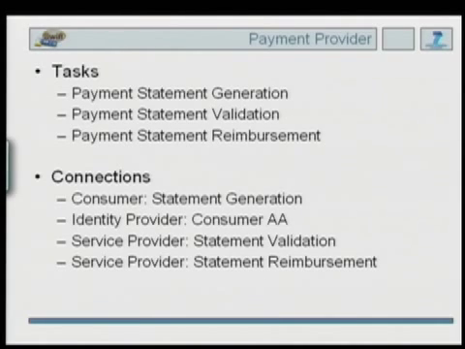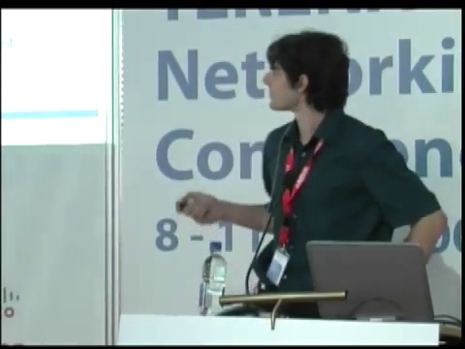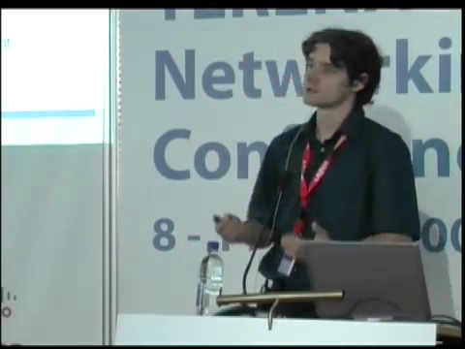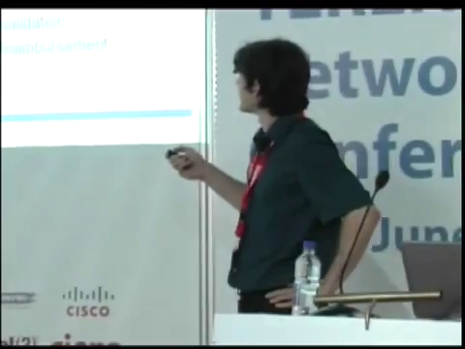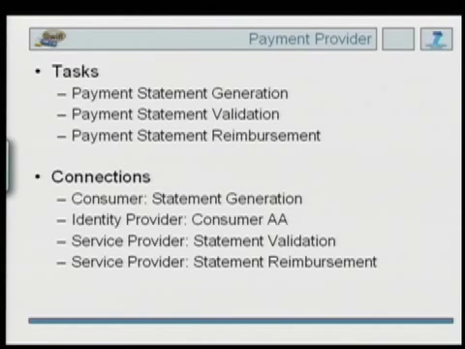The payment provider must be able to validate this information. The third task is the reimbursement, because the service provider that has now received a lot of payment statements may want to get money for them to use outside of the federation.